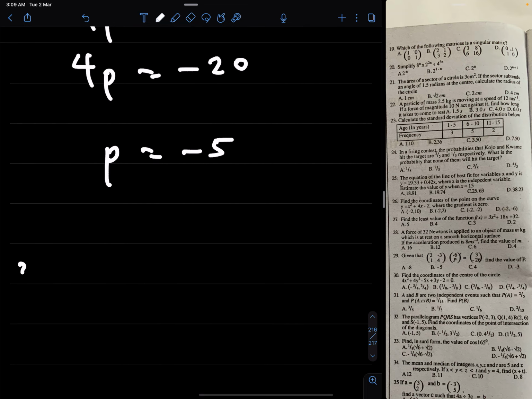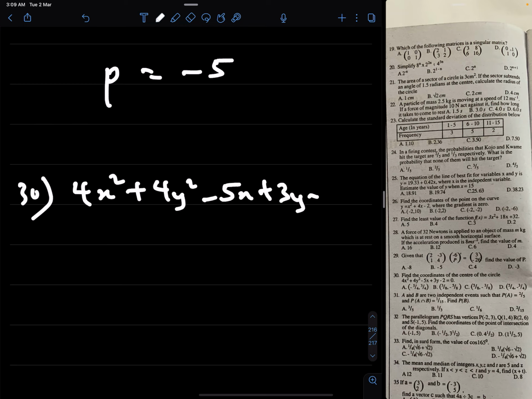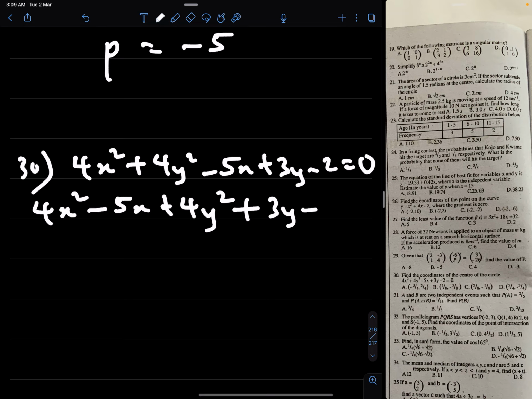The next is number 30, which says find the coordinates of the center of the circle 4x squared plus 4y squared minus 5x plus 3y minus 2 equals 0. That's a piece of cake too. Let's rearrange: 4x squared minus 5x plus 4y squared plus 3y minus 2 equals 0.